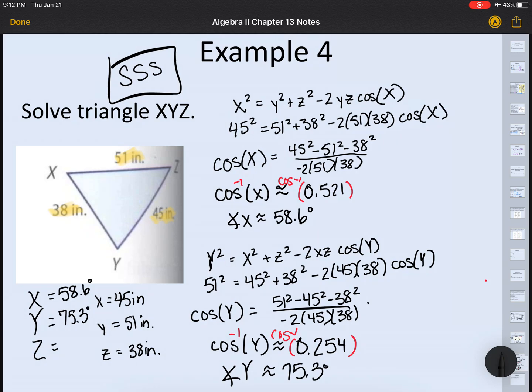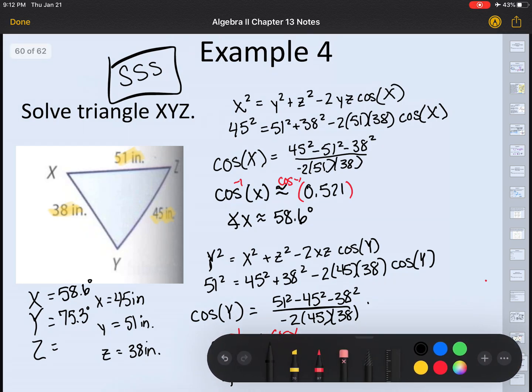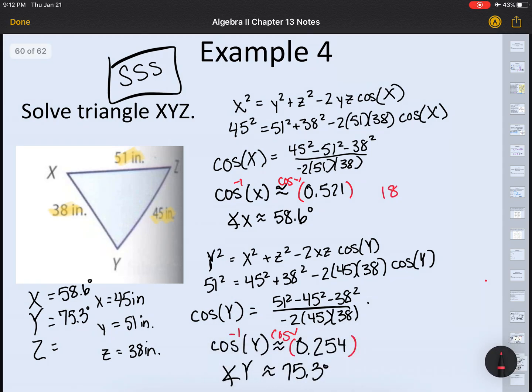Okay? And the last thing we need to do is just figure out angle z. Well, we know 2 of the angles out of 3. So one more time, once again, we could do 180, which is the sum of all angles in the triangle, and subtract out 58.6 and 75.3, which is 133.9 degrees.